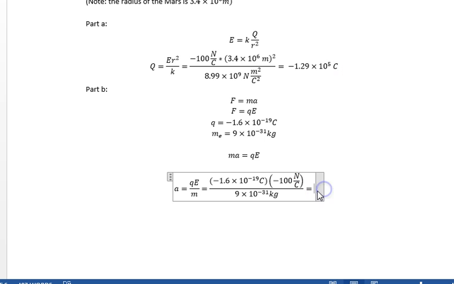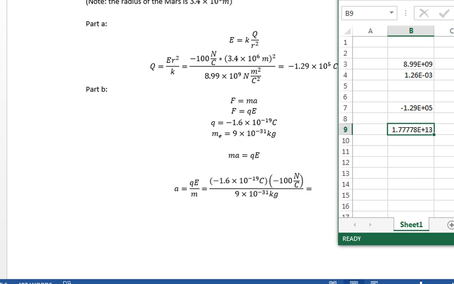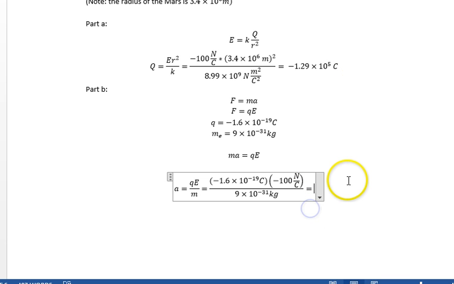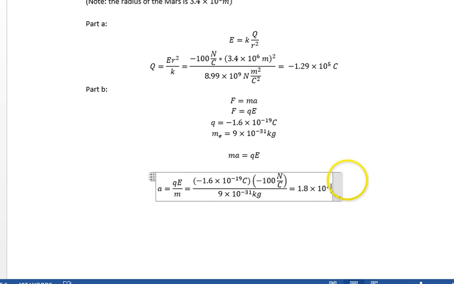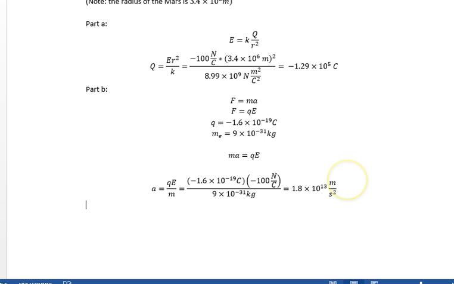Okay. So 1.8 times 10 to the 13th meters per second squared. Charge, electric field, divided by the mass, and there you have it.